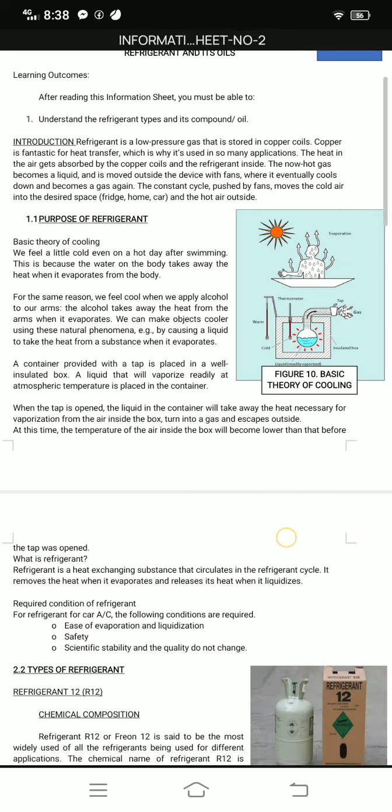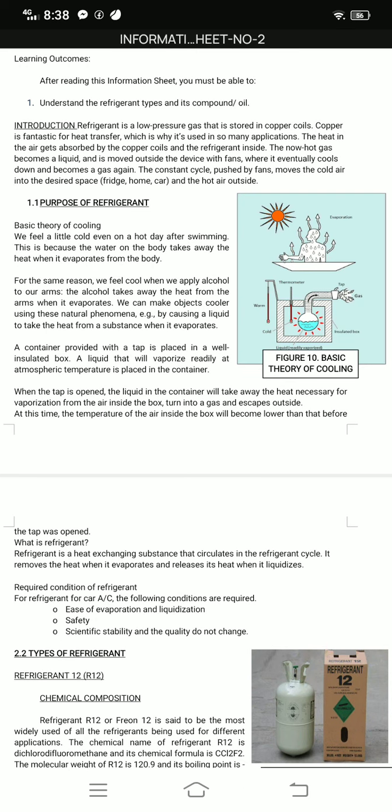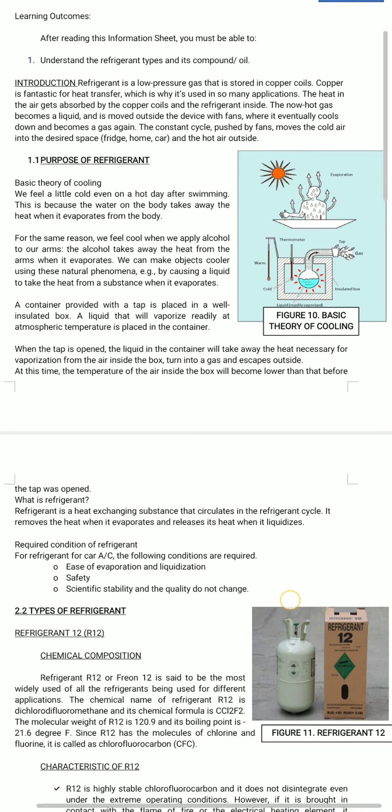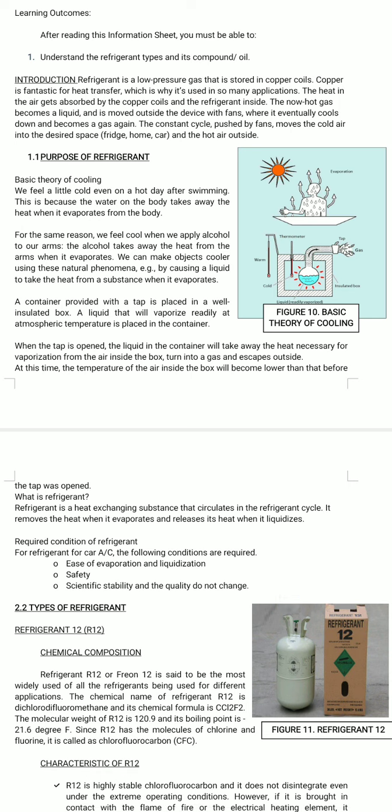Introduction. Refrigerant is a low-pressure gas that is stored in copper coils. Copper is fantastic for heat transfer, which is why it's used in so many applications. The heat in the air gets absorbed by the copper coils and the refrigerant inside.